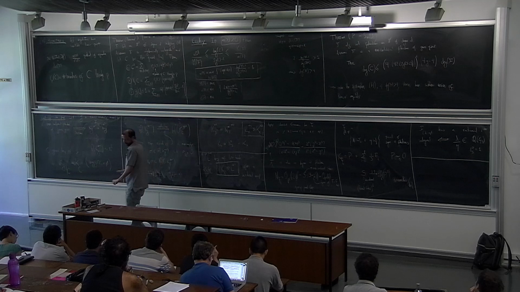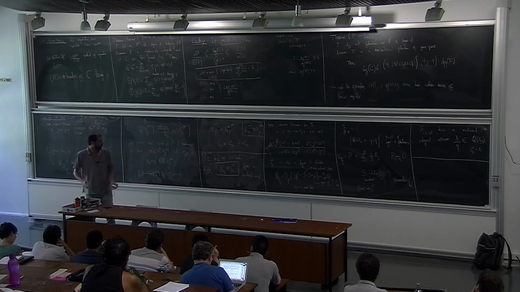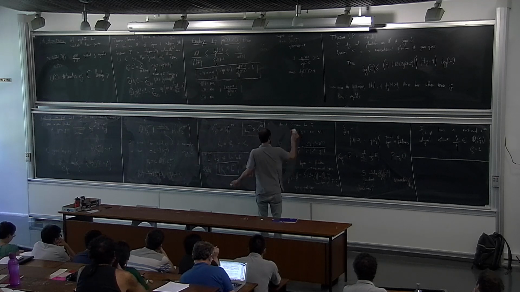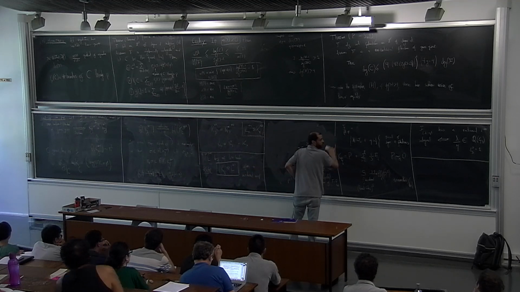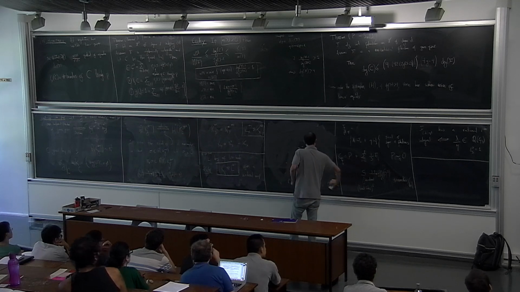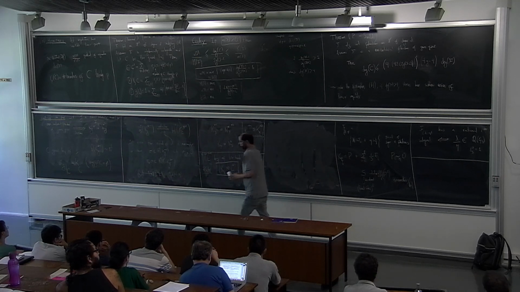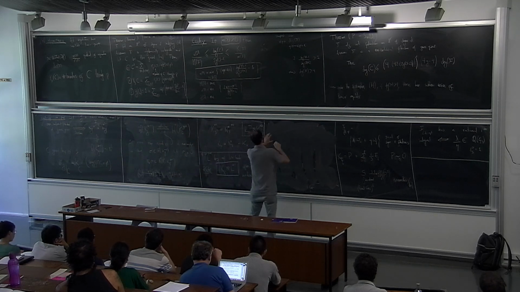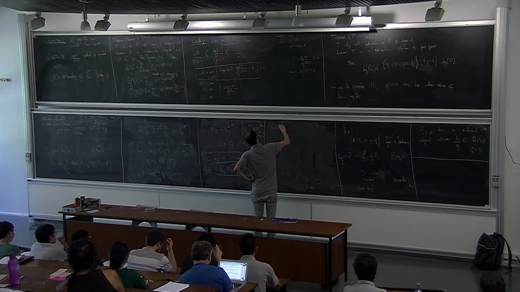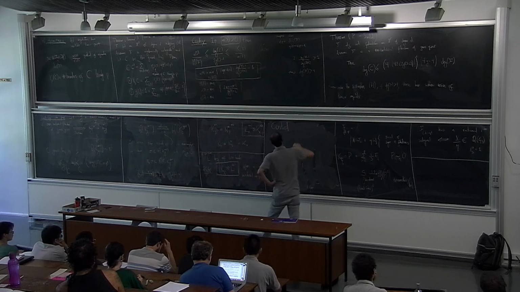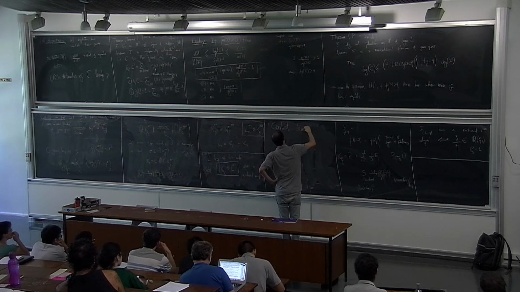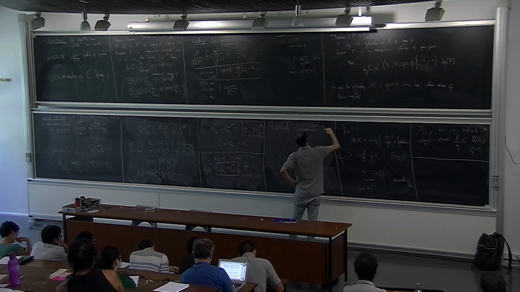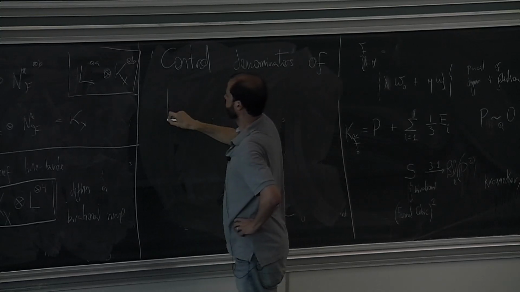Perhaps there is a way to get rid of that factorial, but let me try to explain how. After saying all that, what we have reduced to, the time is almost over, is that we have to control the denominators of the negative part.